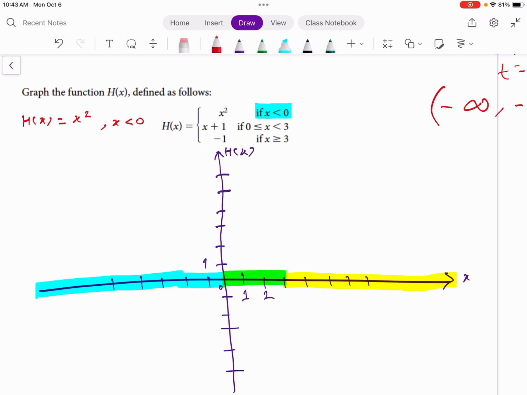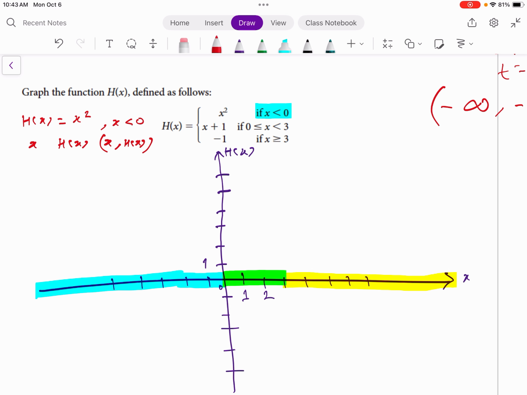Let's graph this part, only in the blue region. To graph we need points, right? So how do we find the points? You choose any input number, your output is h of x, and input and output give us a point. Now what kind of number are we allowed to pick for this part here? Can we pick any x?